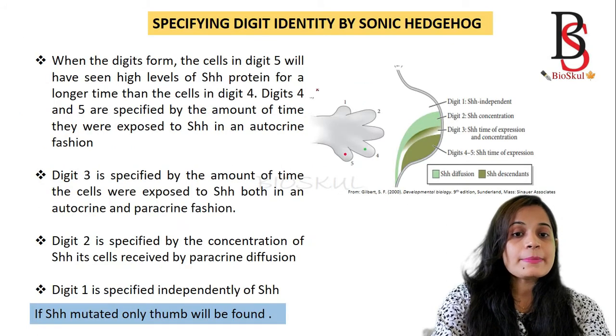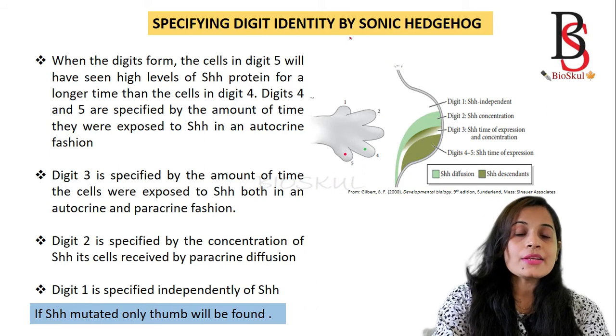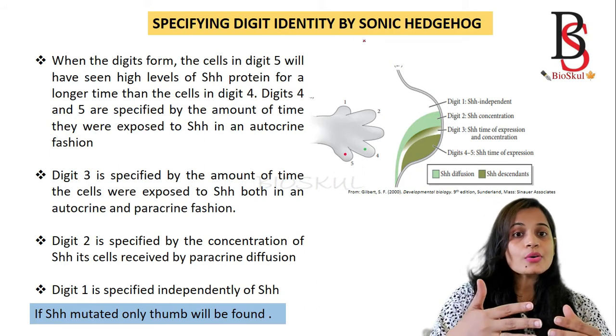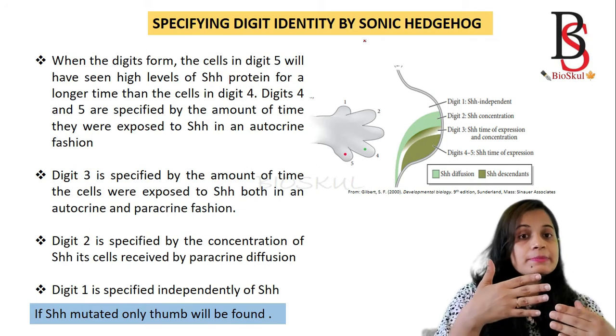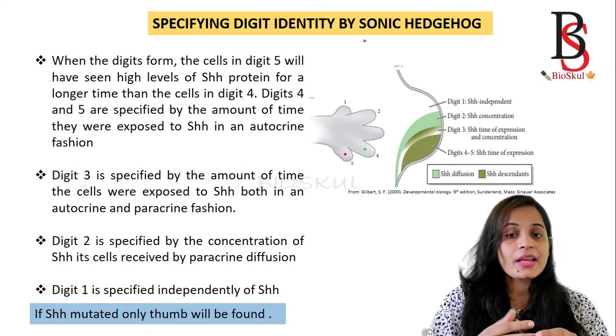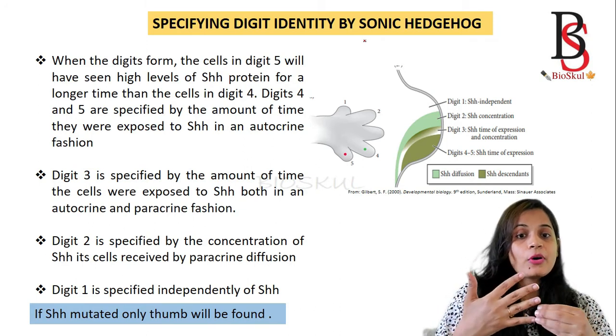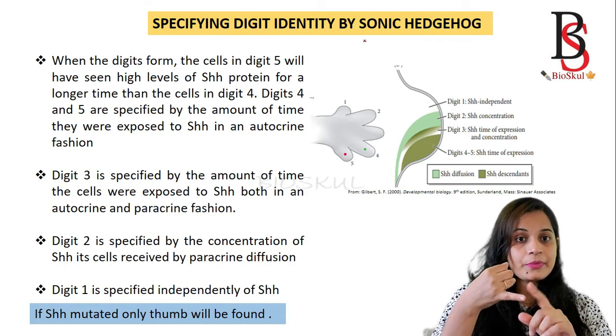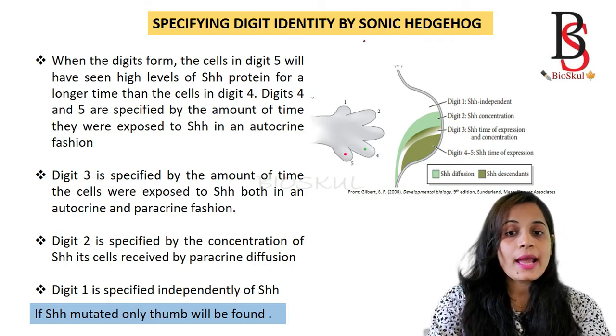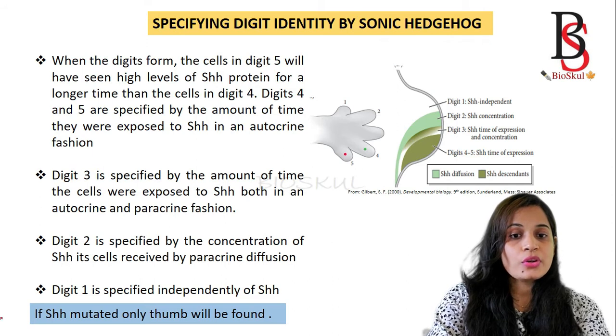Now, specifying digit identity by sonic hedgehog protein. How does the sonic hedgehog protein specify the digits? When the digits form, the cells in digit 5, that is the little finger, will have a high level of sonic hedgehog protein for a longer time than the cells in digit 4.